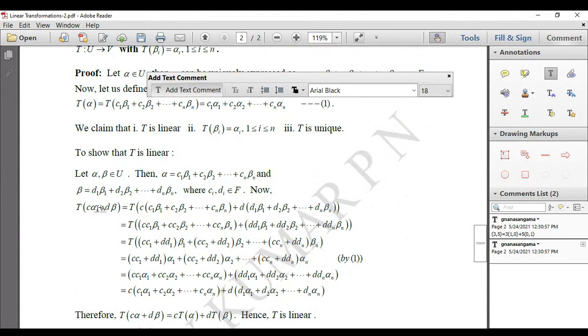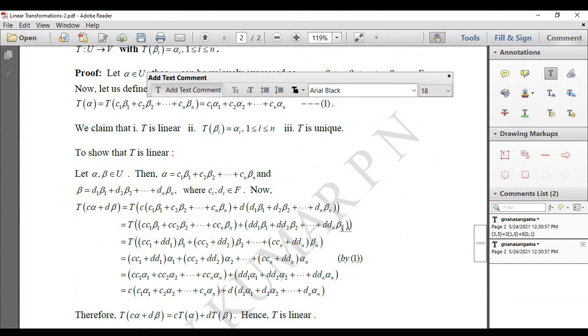It is in the same form. Now, let us substitute what your alpha and beta are. T of C into, what is your alpha? This. Plus D into, what is your beta? This one. Now, you multiply all these terms, right? What do you get? C into C1 beta 1 plus C into C2 beta 2, etc. up to C into Cn beta n.